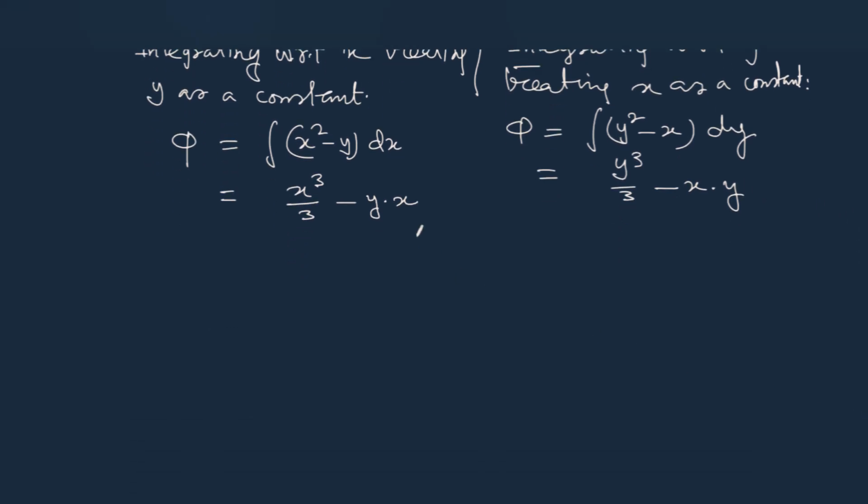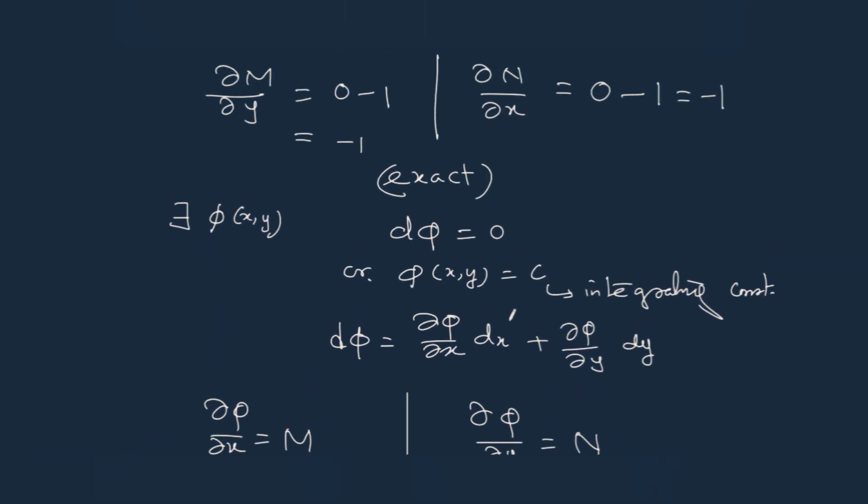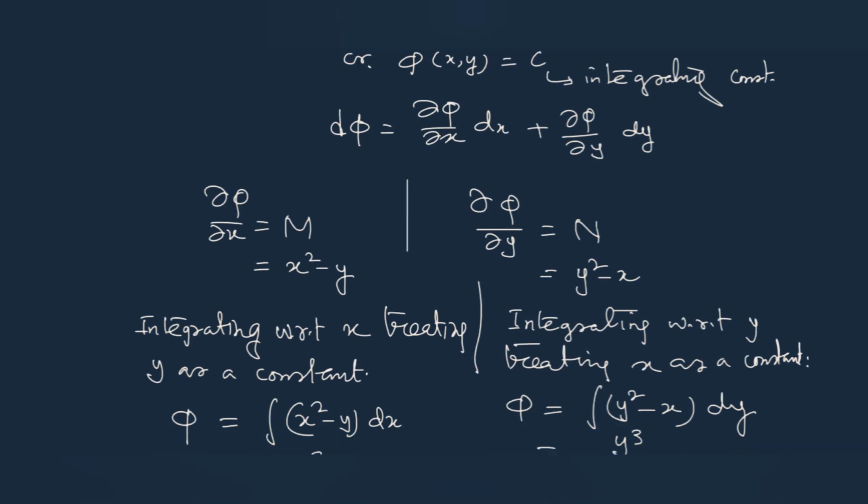Now see, we have a common term, that is negative xy. So therefore phi of xy, combining these two, can be written as x cube upon 3 plus y cube upon 3 minus xy. So therefore we have the solution phi equals c.